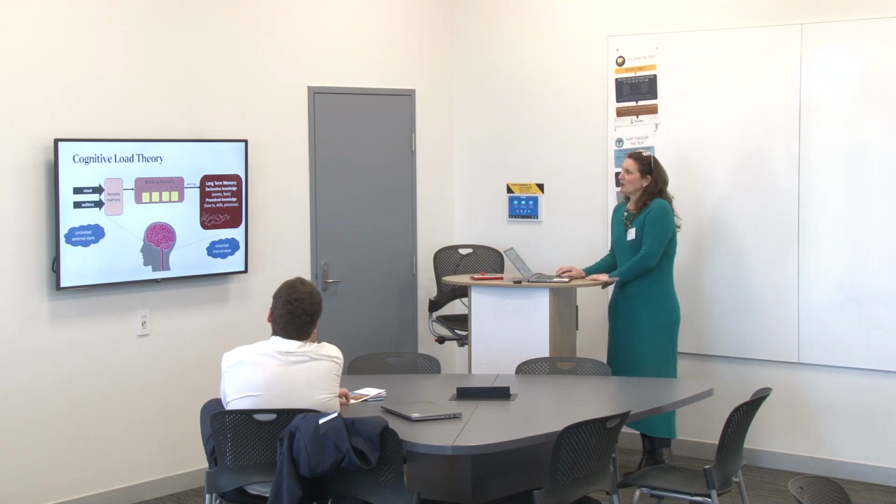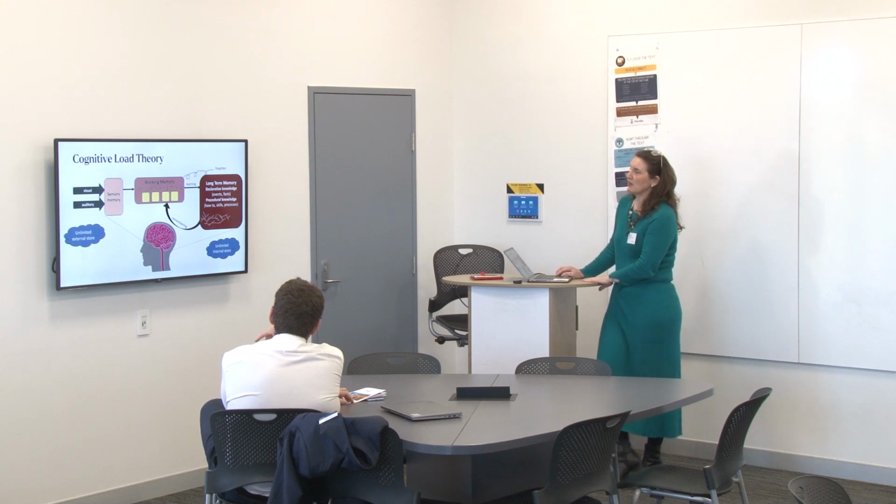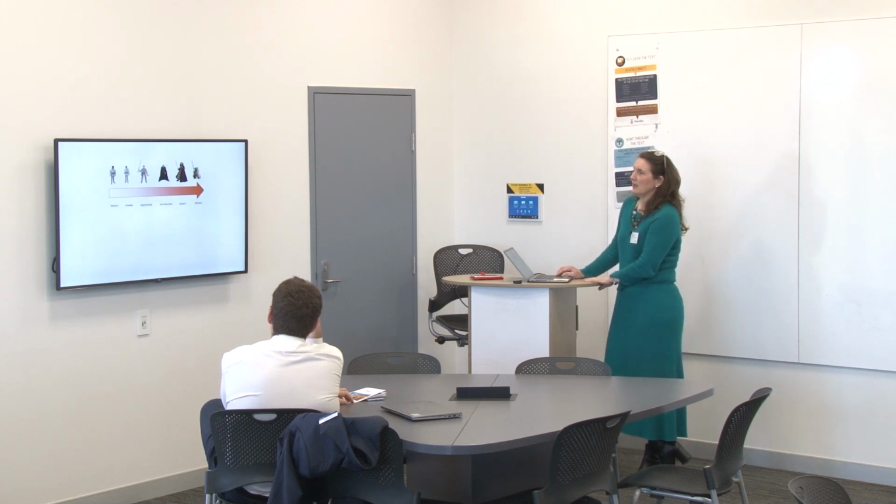That's transferred through learning into long-term memory schemas, a store of information where we attach the learning onto things that we already know, building a body of knowledge. That in turn is recalled to process novel information. There's also a bit of forgetting involved. But the bottleneck constraint is the working memory.